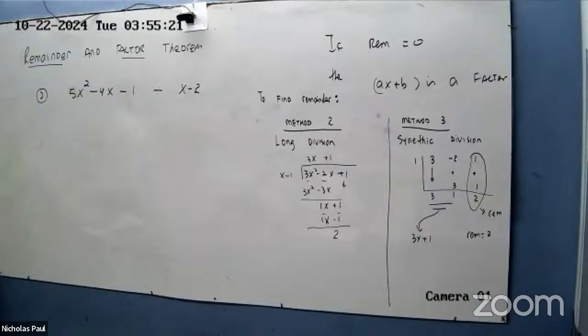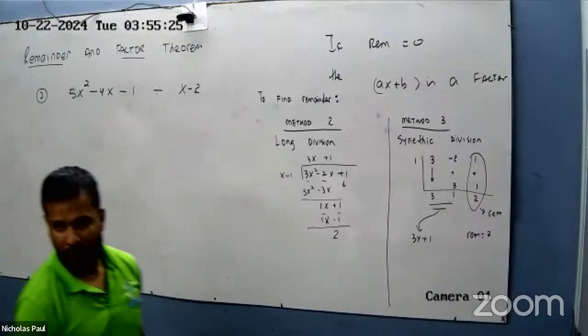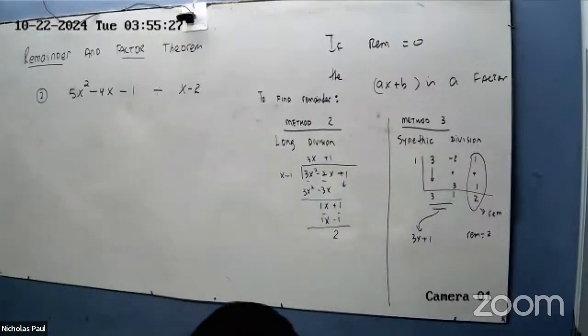All 3 methods to find the remainder, and then I'm going to turn it into a cubic. And then pick which method you like, and then we stick with that method. Online, when I finish the 3 methods, you can send your answers, right? All right, Megan?